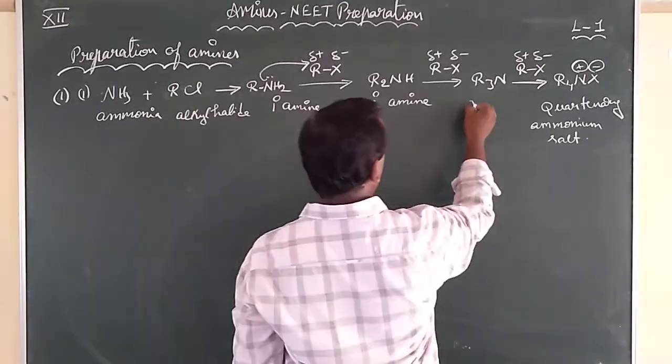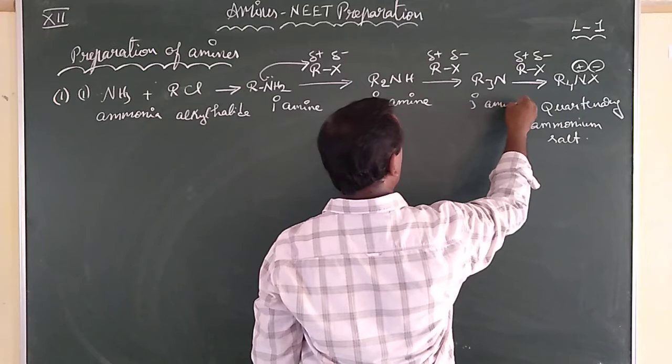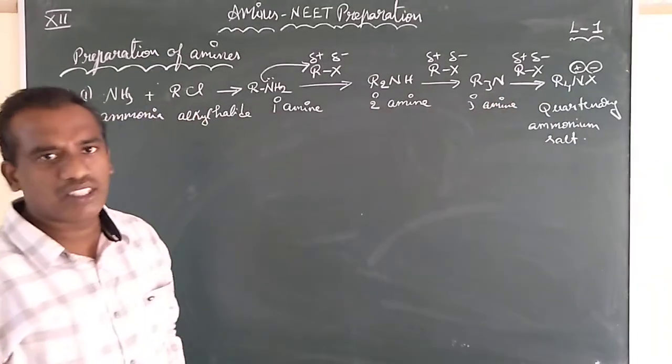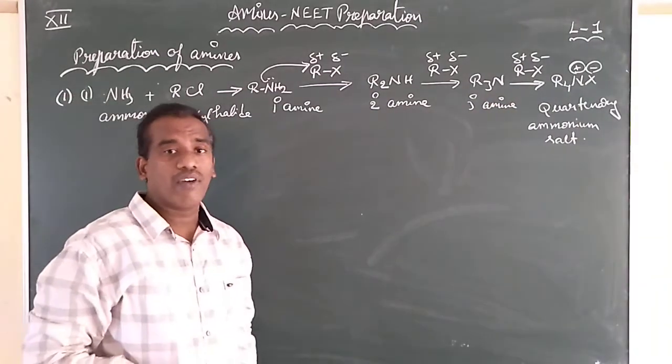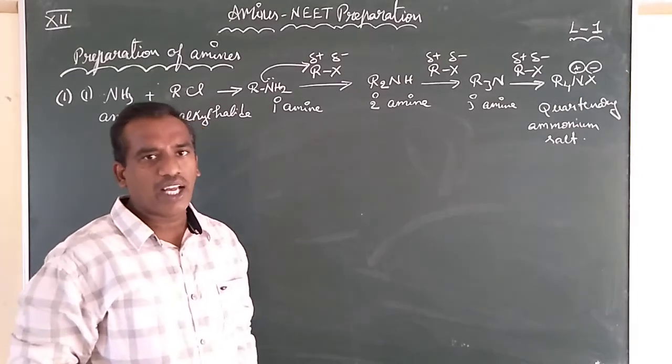So primary, secondary and tertiary. Here the problem is we are getting a mixture of amines. What are we getting, children? A mixture of amines. So it is difficult to separate the amines.